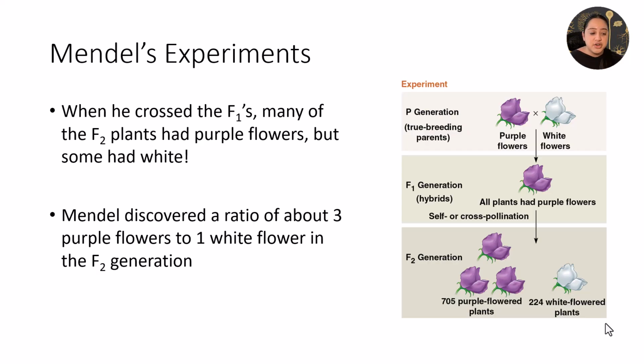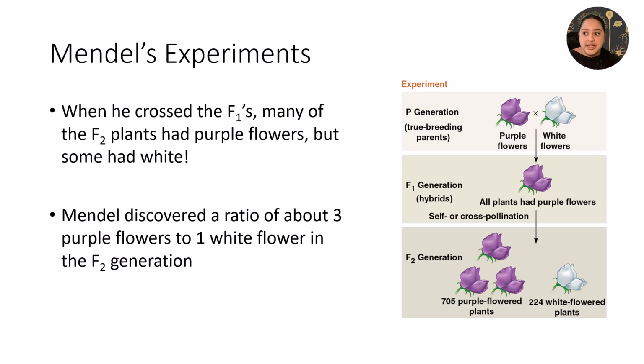There's this ratio of about 3 purple ones to 1 white one in the next generation. And so he was like, oh, that's super interesting. That has to mean something, right? That can't just be chance if I'm seeing this ratio of 3 to 1 in every single batch that I mate. And if I add up all of this, it comes out to 3 to 1.